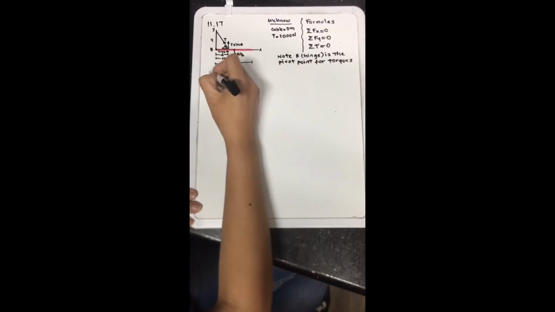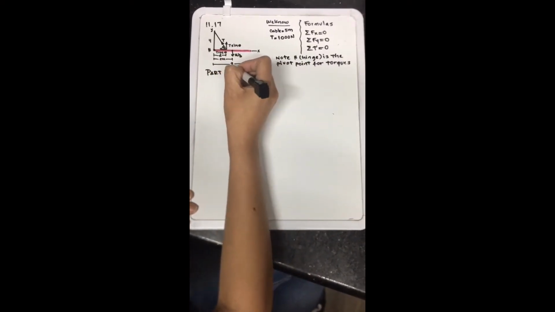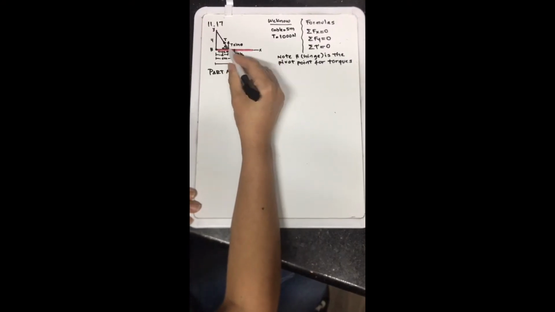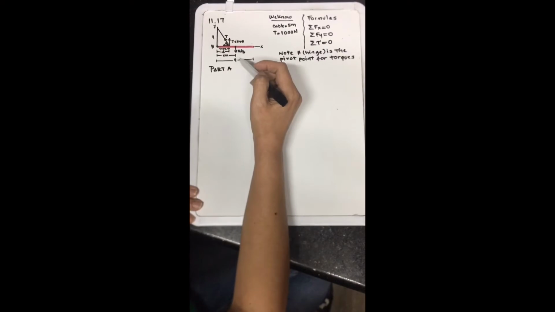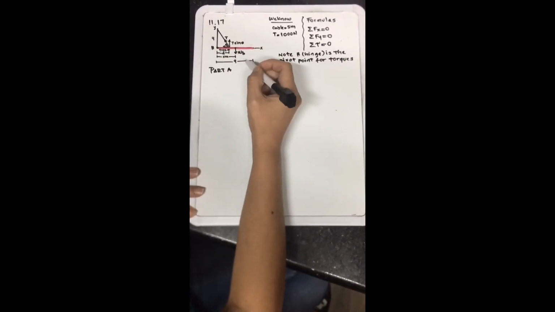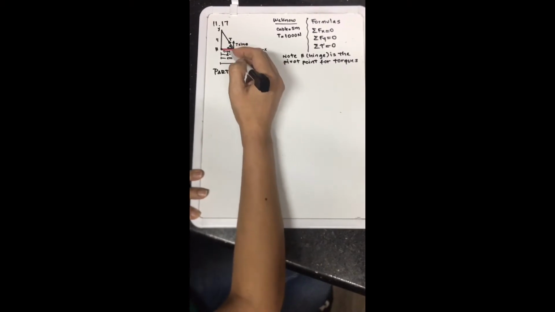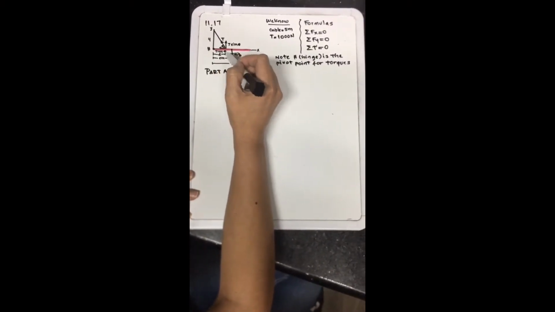Part A is asking us to find the heaviest beam that this cable can support with this given configuration. So first, we need to find the distances.